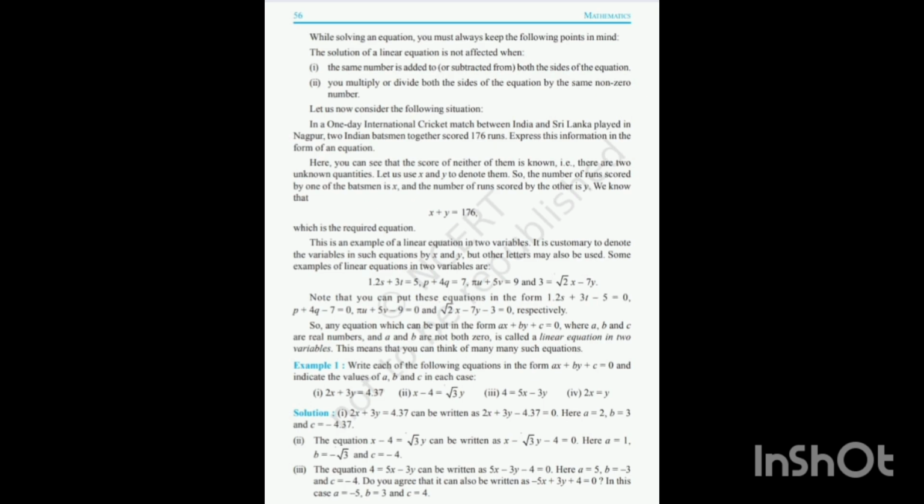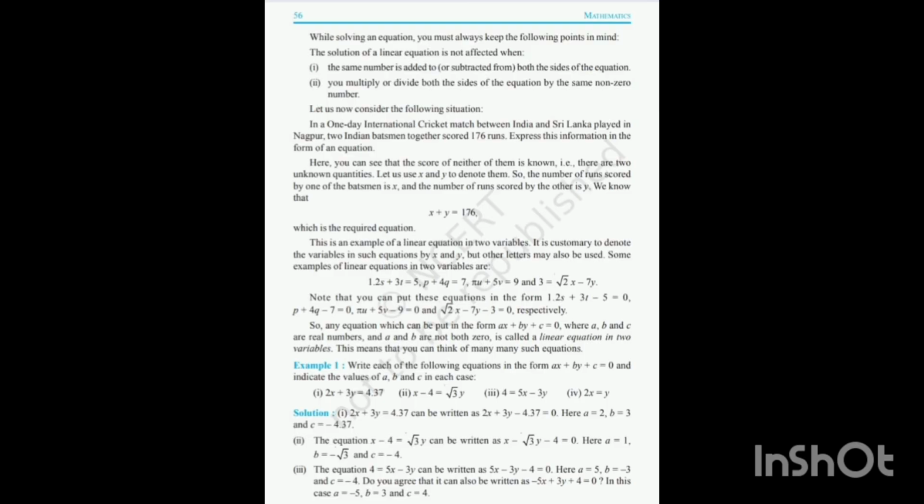Any equation which can be put in the form ax plus by plus c is equal to 0, where a, b and c are real numbers and a and b are not 0, is called a linear equation in two variables. Okay, one more time.